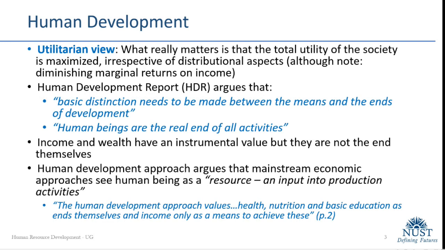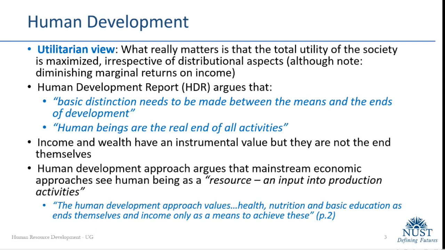So in Human Development Reports, mostly this is what is mentioned. Basic distinction needs to be made between means and ends. Human beings are real end of all activities. So instead of simply using human capital, human labor force as input in the production function, there should be an emphasis on improving the quality of life for the humans.